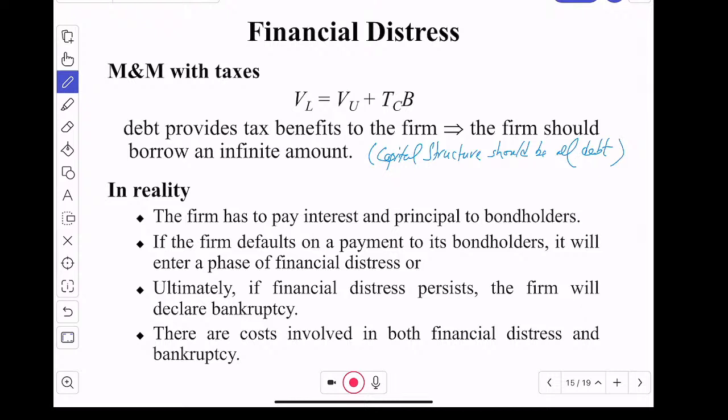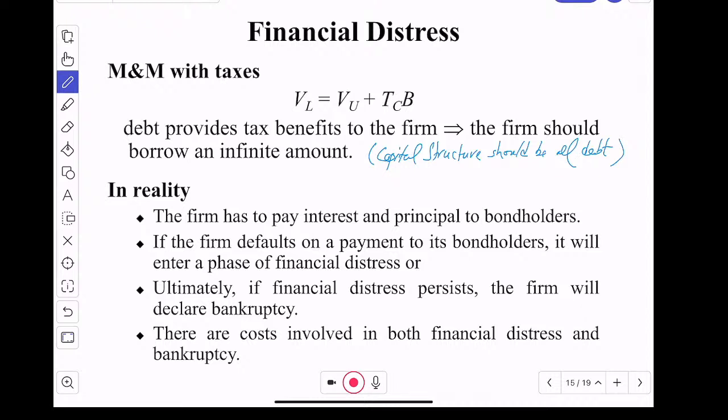In reality, the firm has to pay interest and principal to bondholders. If the firm defaults on a payment to its bondholders, it will enter a phase of financial distress. Or, ultimately, if financial distress persists, the firm will declare bankruptcy.